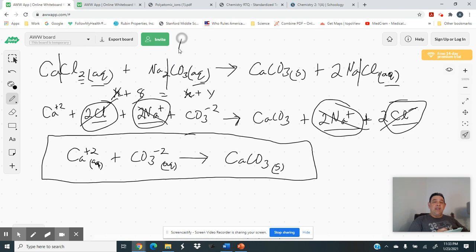Once again, it's a net ionic equation. When I use the term net, it means once you take everything into account. I don't know how many of you ever picked up a paycheck. You work and actually get a paycheck.